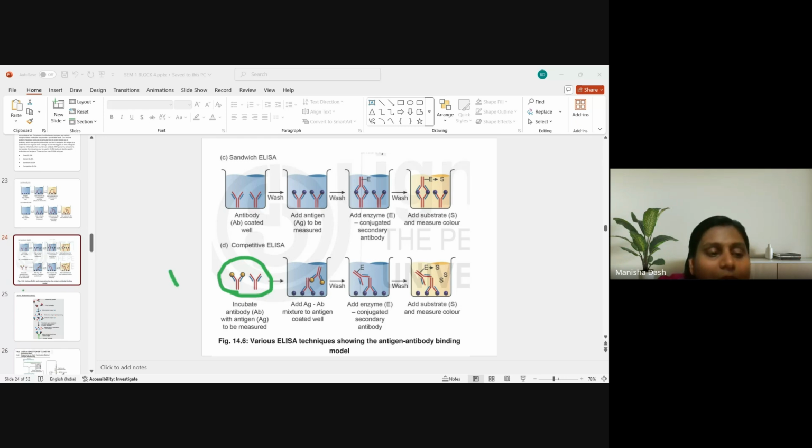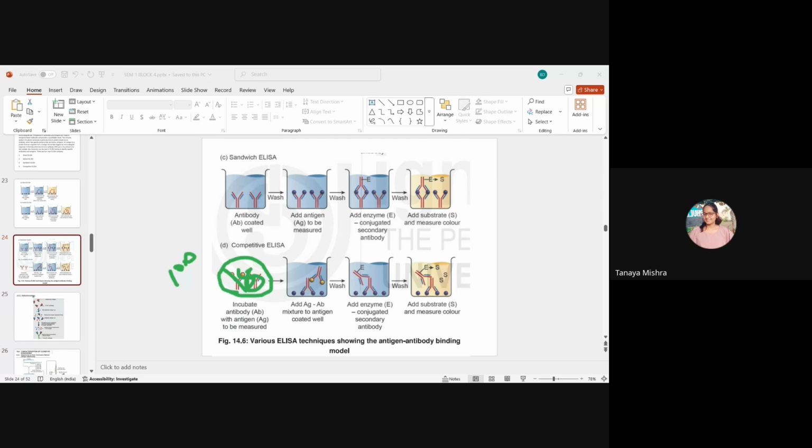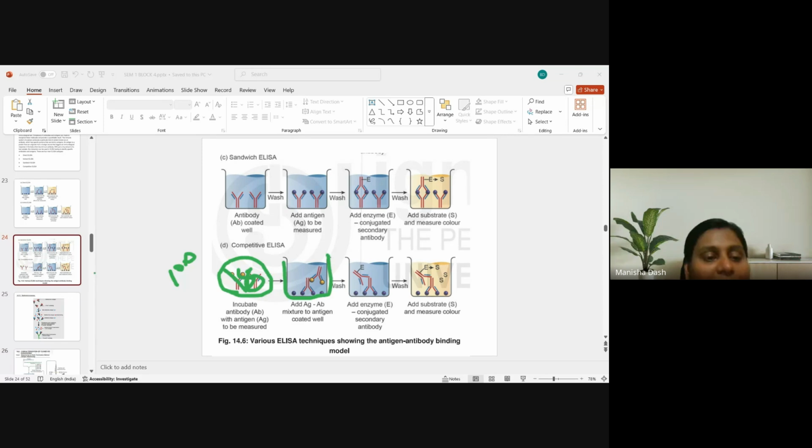Suppose you have 100 antigens, and you use 150 antibodies. Then how many antibodies remain free? 50 remain free, and these free antibodies will go and bind here. But if there is already antigen coated in the ELISA well, see, here you are actually allowing a competition between the existing antibody and the antigen that you are already suspecting, with the experimental antigen, to find out in what concentration it is present.